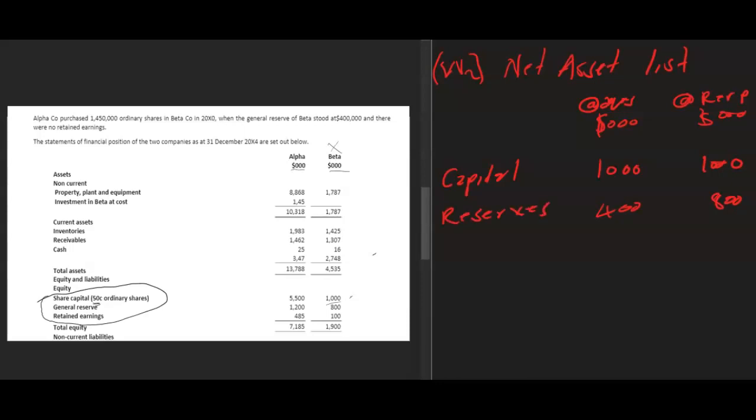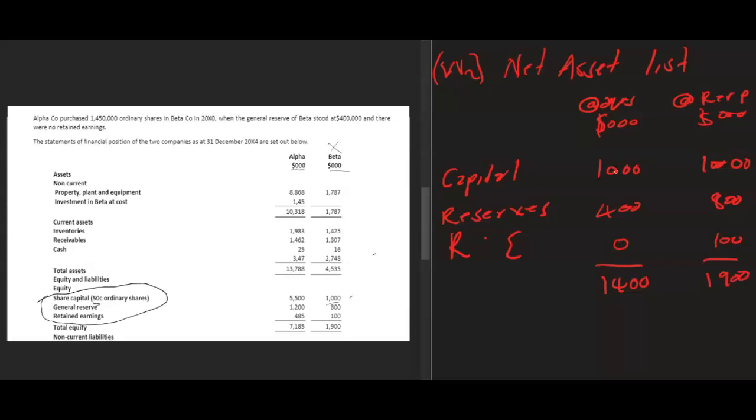What about retained earnings? Retained earnings, it was 0 at acquisition. At reporting, it is 100. So let's sum these up. 1000 plus 400 is 1400. And 1000 plus these, it would be 1900.